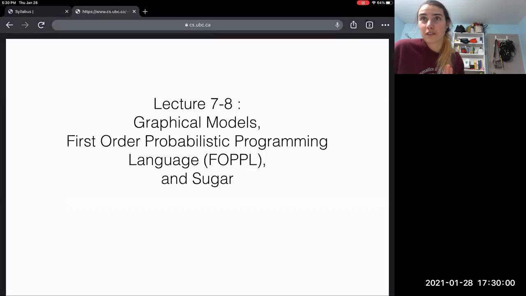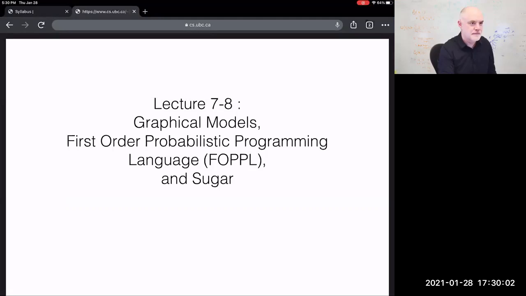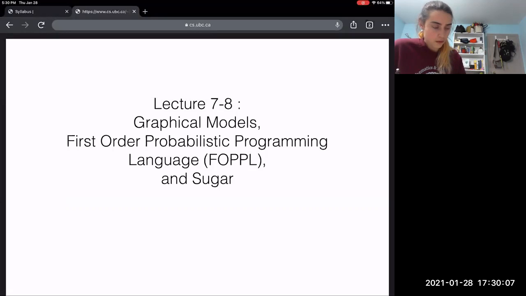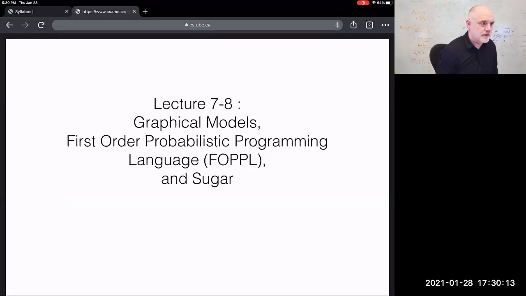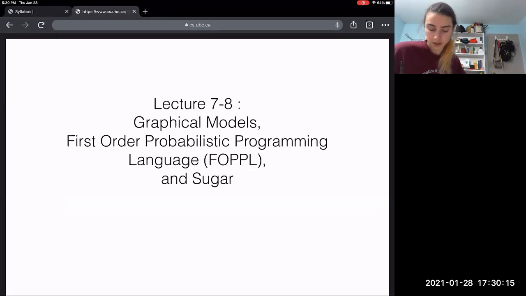I also have questions about the assignment. Okay. I'm going to start with problem 4. Is that the linear regression one? I can't remember. Yes, okay, it's the linear regression one.